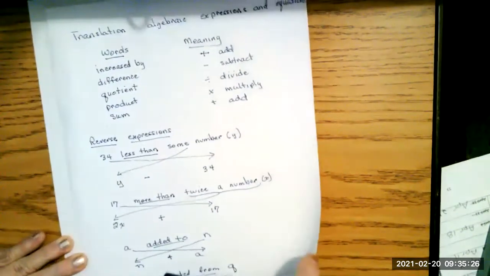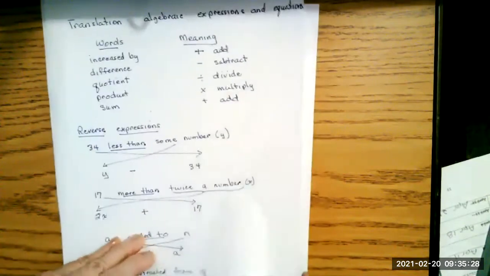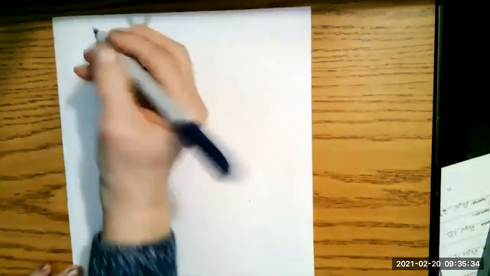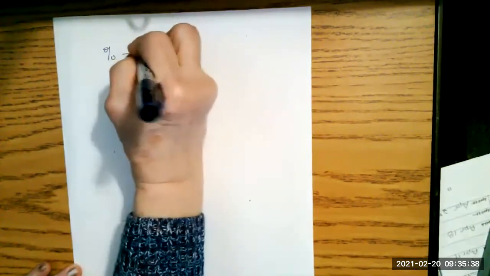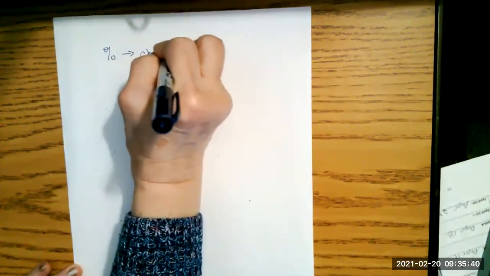Okay, some other things that you'll need to remember for this section as you do it is that if you have a percentage, they'll say so much percent, you'll need to change to a decimal.